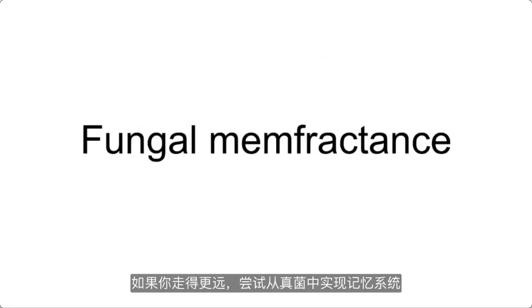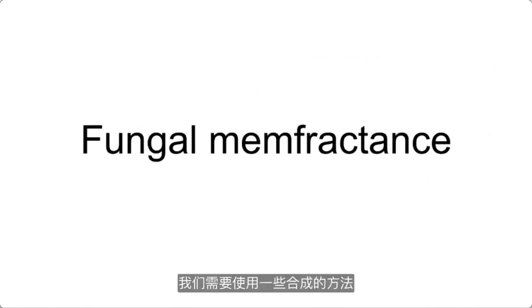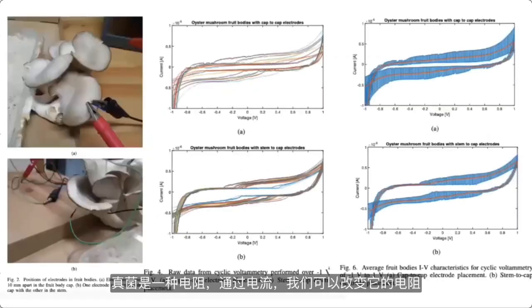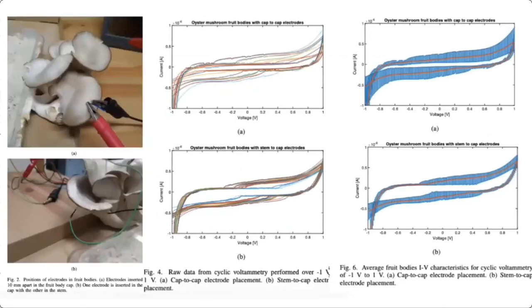If we go further and try to implement neuromorphic systems with living fungi, we need to implement some learning or some synaptic weights. And here memristors come to mind. A memristor is a resistance with memory. By applying current or voltage, we can change its resistance. And it's similar to the adjustment of the synaptic weight in artificial neurons.